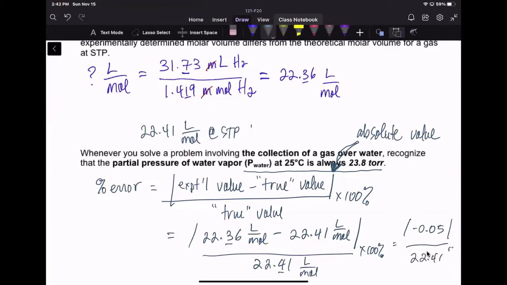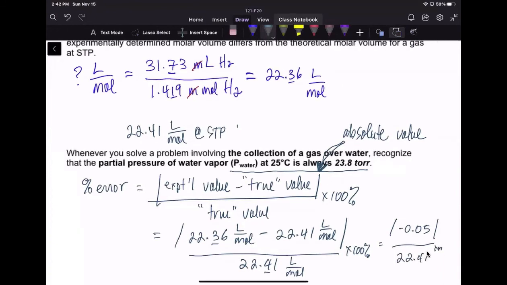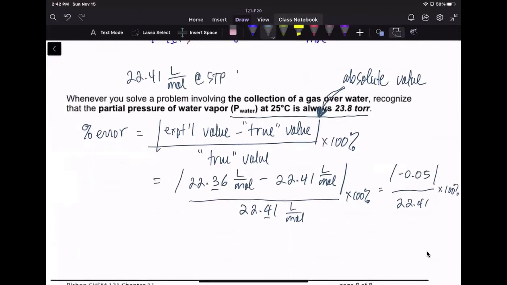Times 100%. All right, I'm going to go ahead and divide that. The negative sign, though, we will remove with the absolute values and use the word low. Our value is lower than the true value, so that is how the percent errors work.